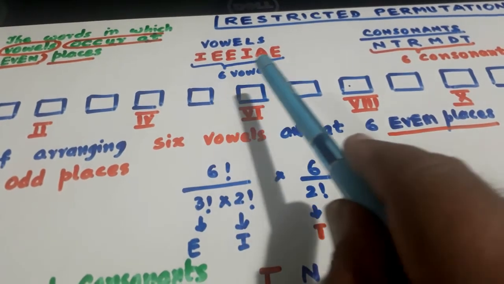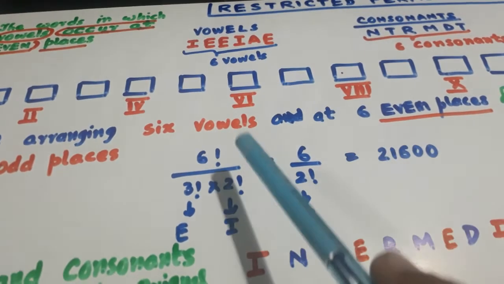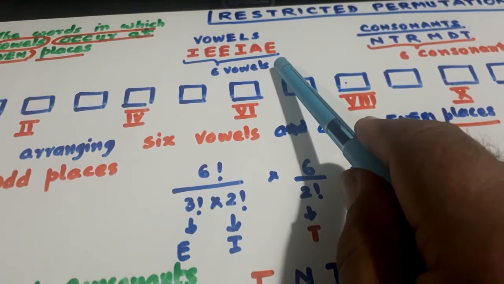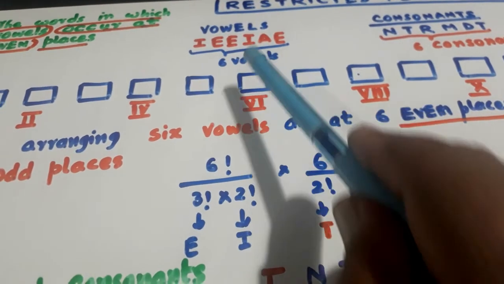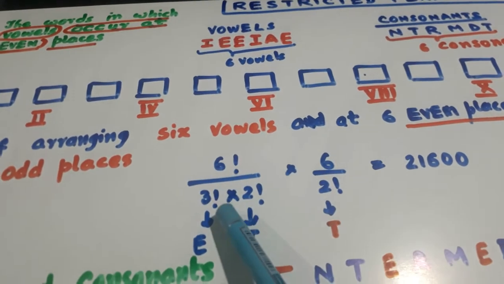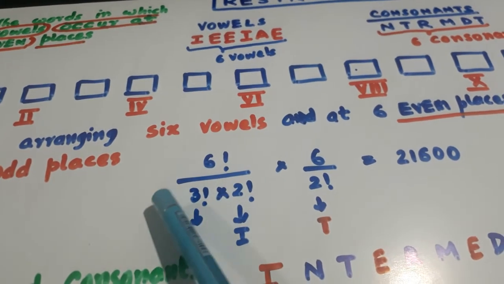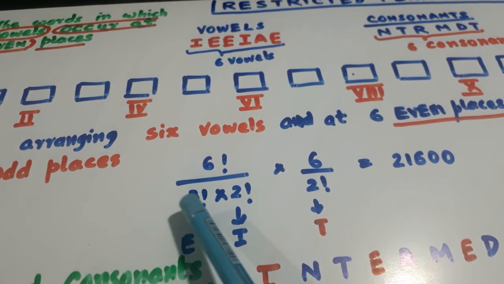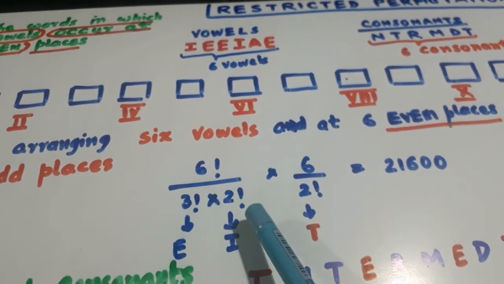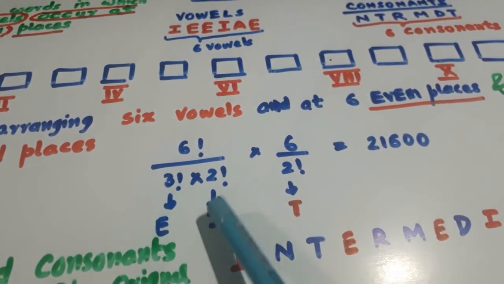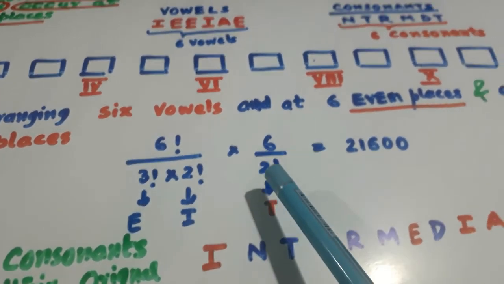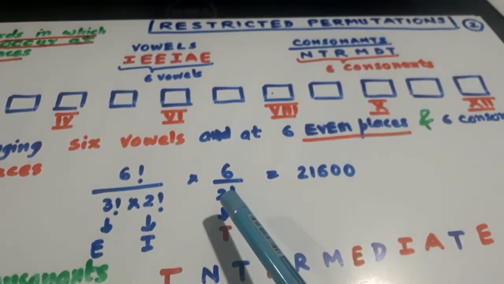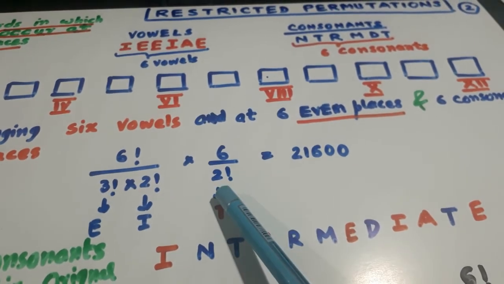There are 3 E's there, 2 I's are there, 1 A is there. So the 6 factorial, 1 factorial is 1 only, no need to write. 3 factorial, 2 factorial. 3 E's are there, 2 I's are there. And in the remaining, 2 T are there.